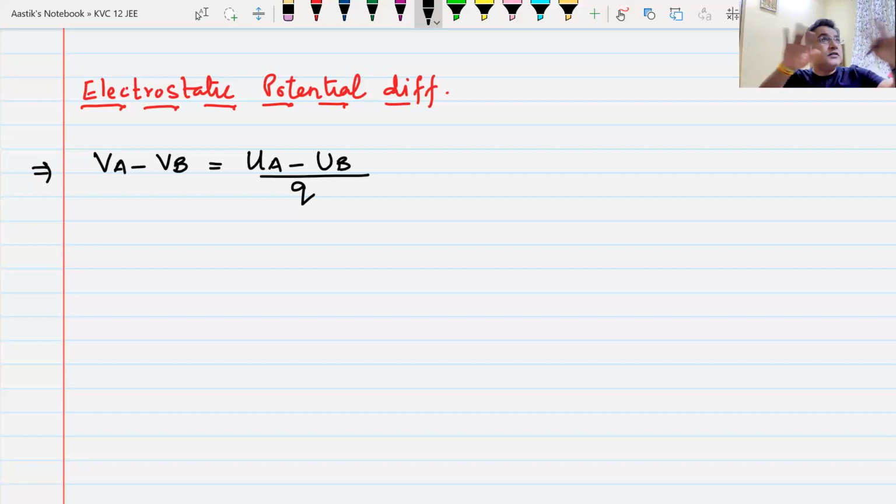The field creates gravitational potential. It is only potential, it cannot do anything unless you put a mass. When you put a mass, that becomes the gravitational potential energy of this body, and now it can do work.